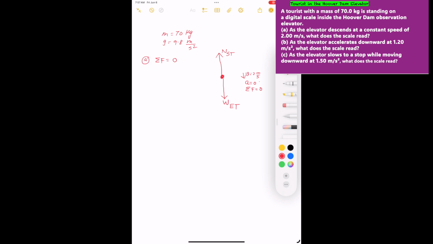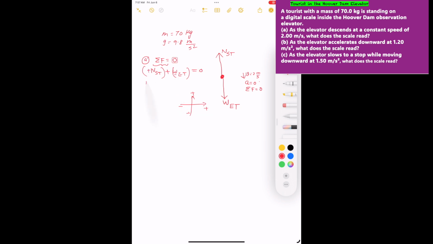That means the normal force plus the weight force makes the net force. But look at the sign here. In our sign convention, anything going right, anything going up is positive, anything going left and anything going down is negative. So the normal force is going up, it's positive, and the weight force is going down, that is negative.